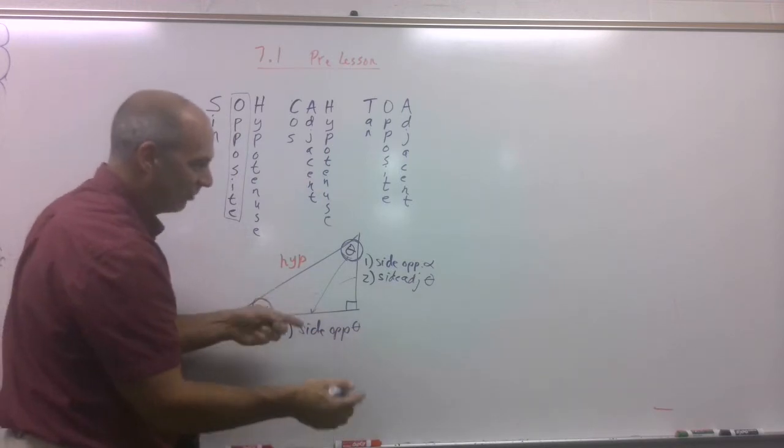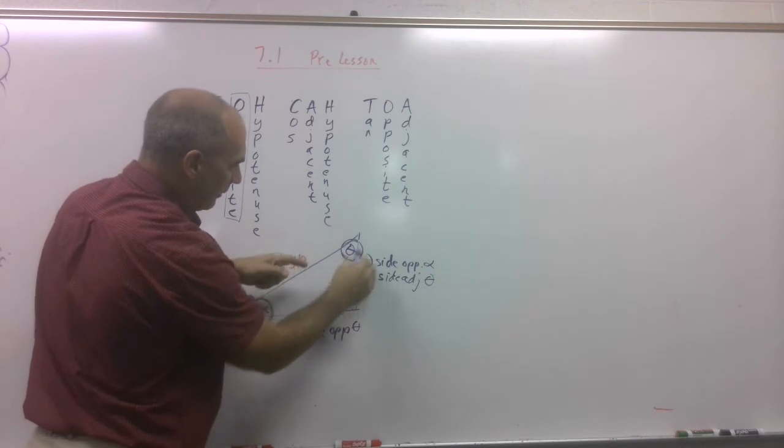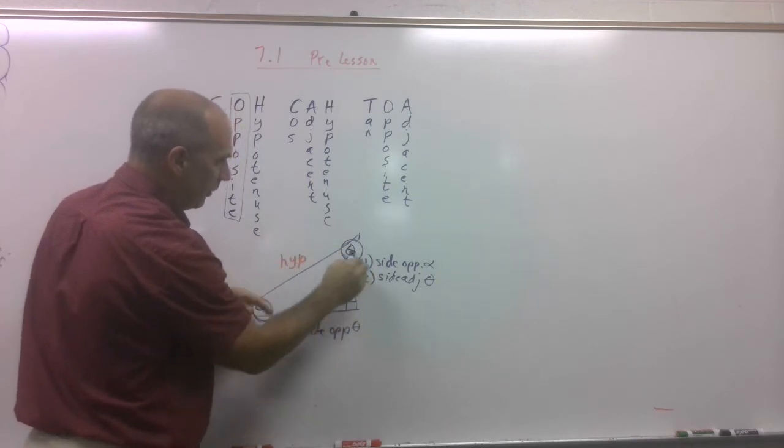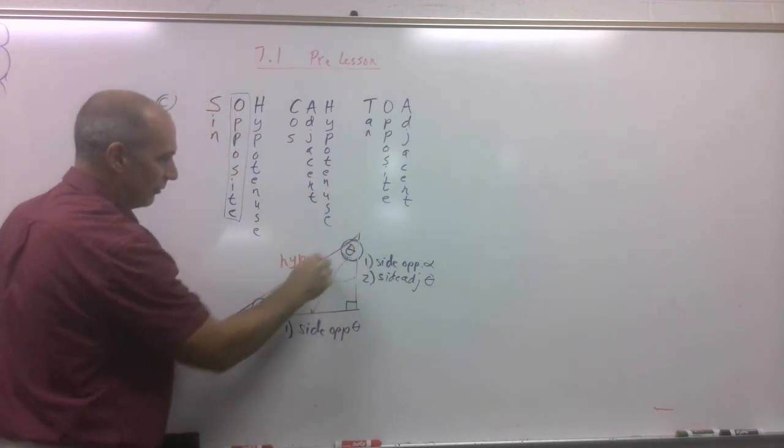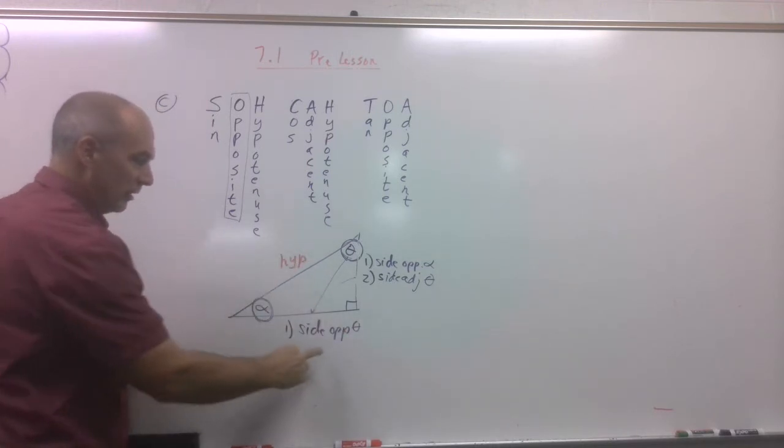Adjacent just means next to. So if this is my theta, this side is next to that angle. Now you might say, well, so is that, but that's already been taken. That's been given the name hypotenuse.